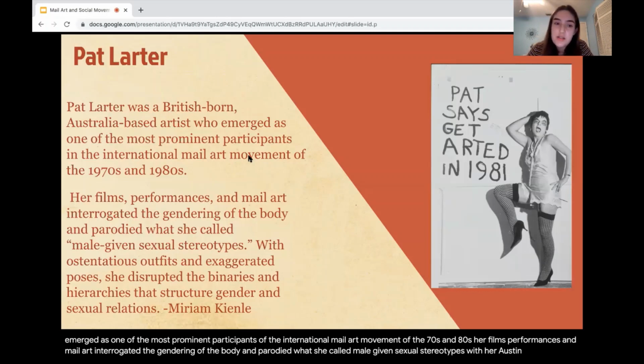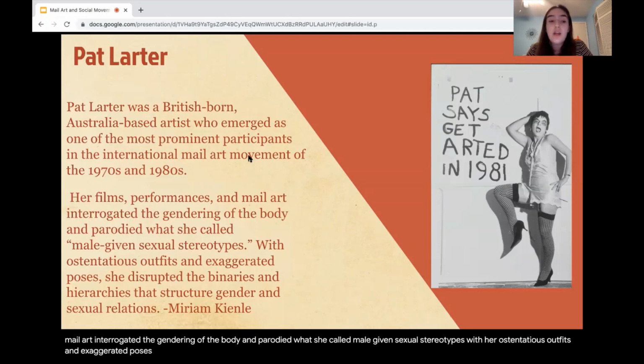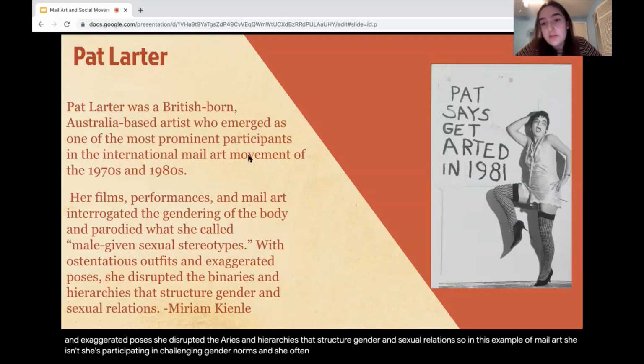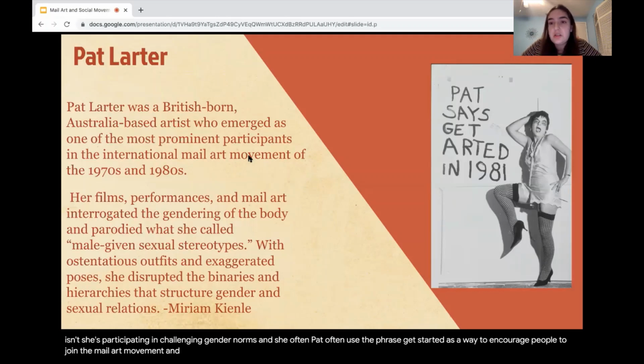With her ostentatious outfits and exaggerated poses, she disrupted the binaries and hierarchies that structure gender and sexual relations. So in this example of mail art, she's participating in challenging gender norms. And Pat often used the phrase "get arted" as a way to encourage people to join the mail art movement and use art as a way to challenge politics or other hegemonic ideas.